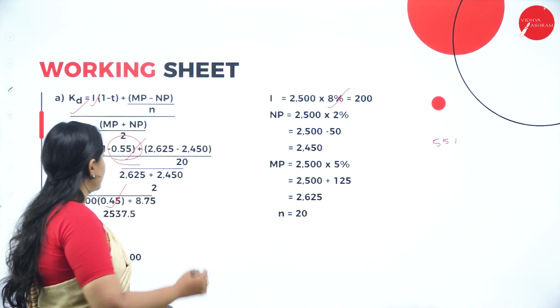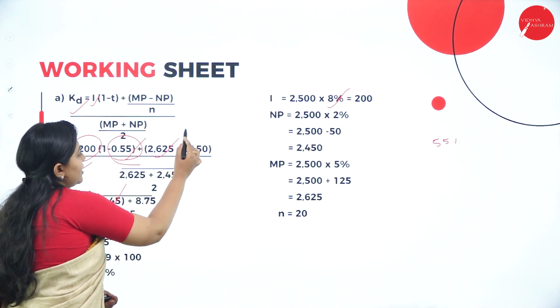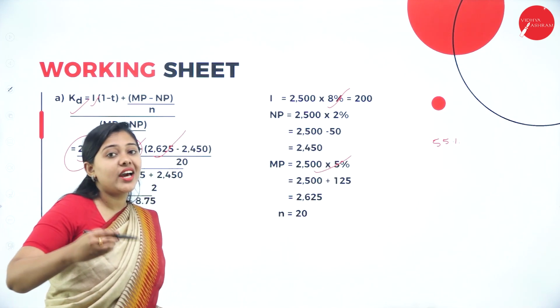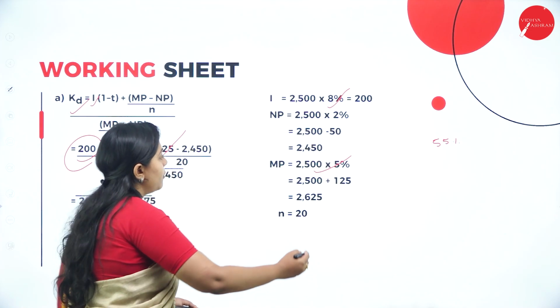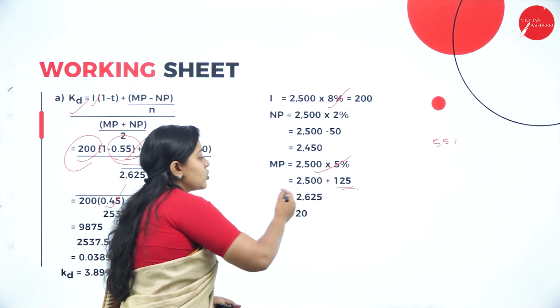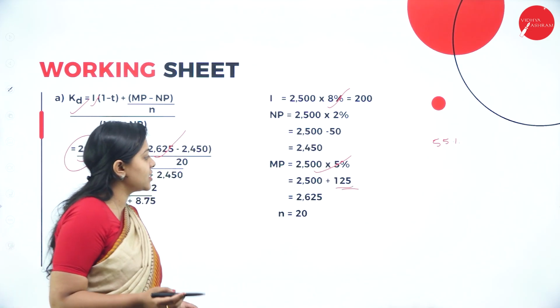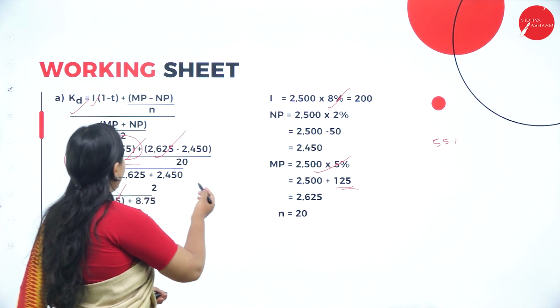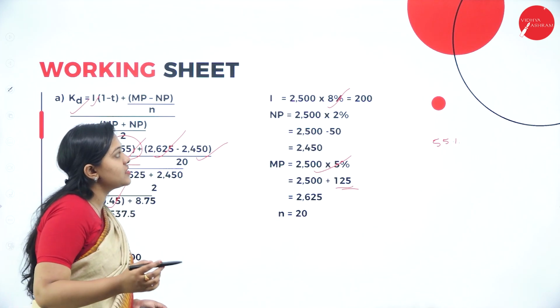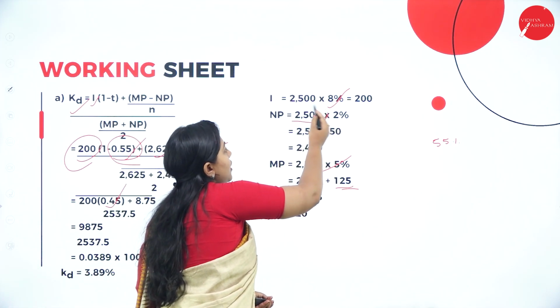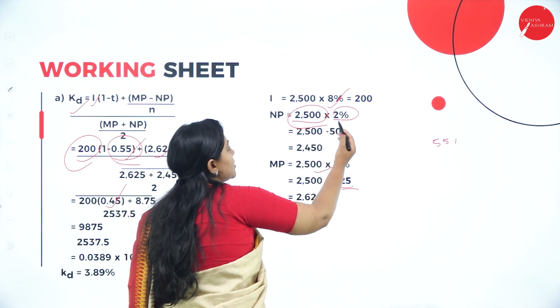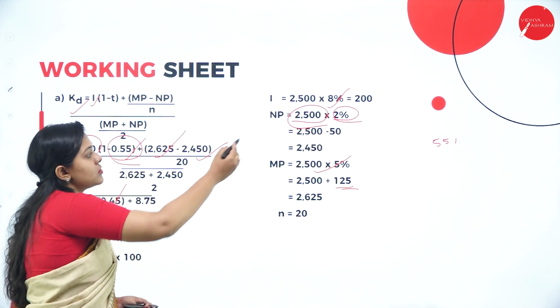Let's substitute the tax and maturity value. The maturity price is 2,500, and we are redeeming at 5% premium, which is 125, so the total maturity price will be 2,625. Next, what is the net proceeds? The issuing price is 2,500 and the 2% flotation cost is 50 rupees.